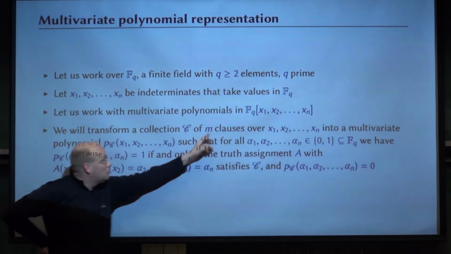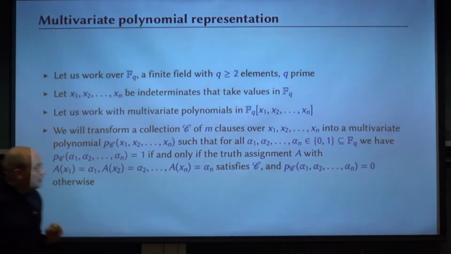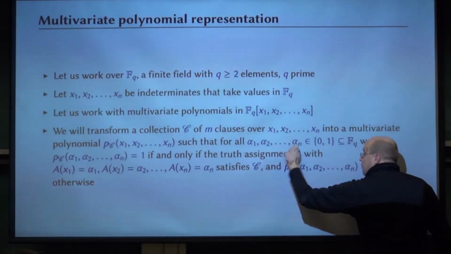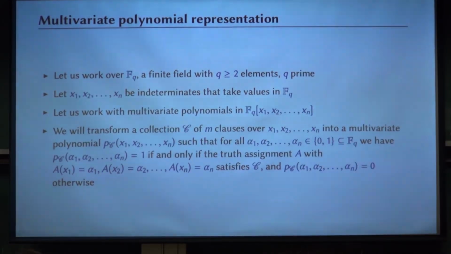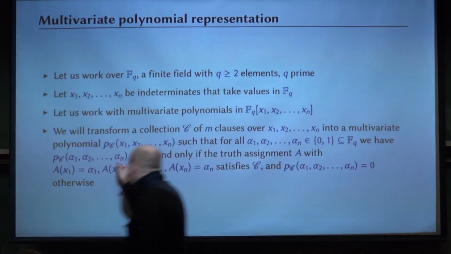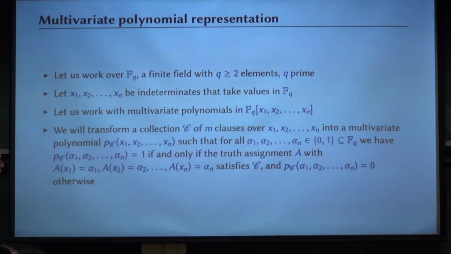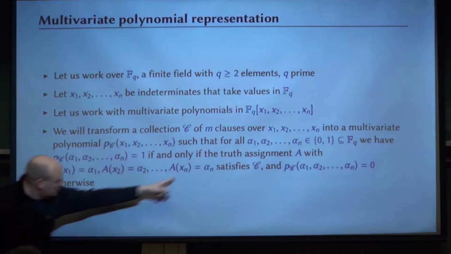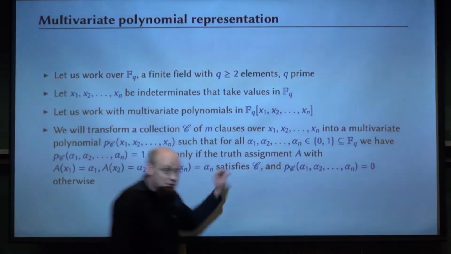We get as input a collection of m clauses with the following property: if I pick 0, 1 values for the variables, alpha 1 through alpha n in 0, 1, obviously it's a field, so it has an additive identity and a multiplicative identity which are distinct, then this polynomial assumes the value 1 if and only if the truth assignment A, defined by the obvious assignment putting those alpha values into a truth assignment, satisfies the collection of clauses.